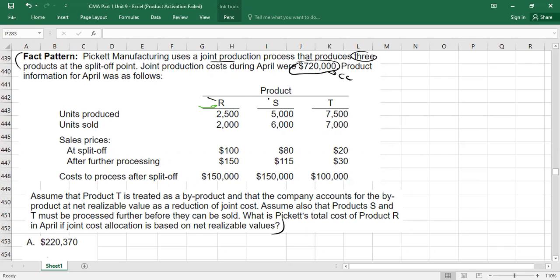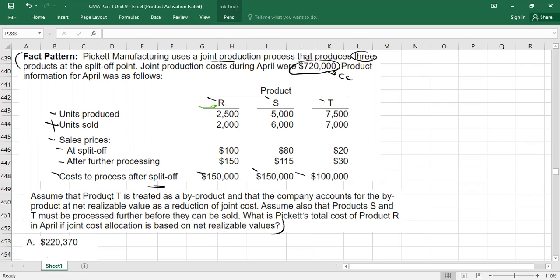We have three products, R, S, and T. Here we have units produced. Don't ever use units sold. Always use units produced. Then he told you the sale prices at split off point and after processing further. And here we have the cost to process further, obviously. Here we have the sale prices. Then we have the further processing cost for each product, right?